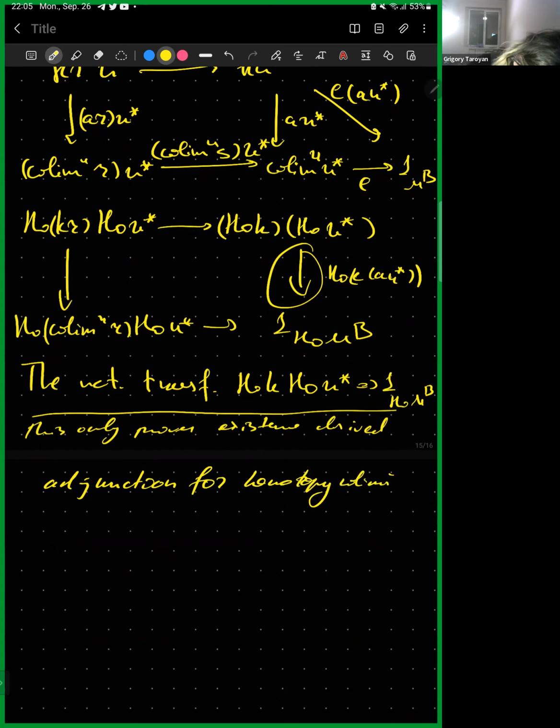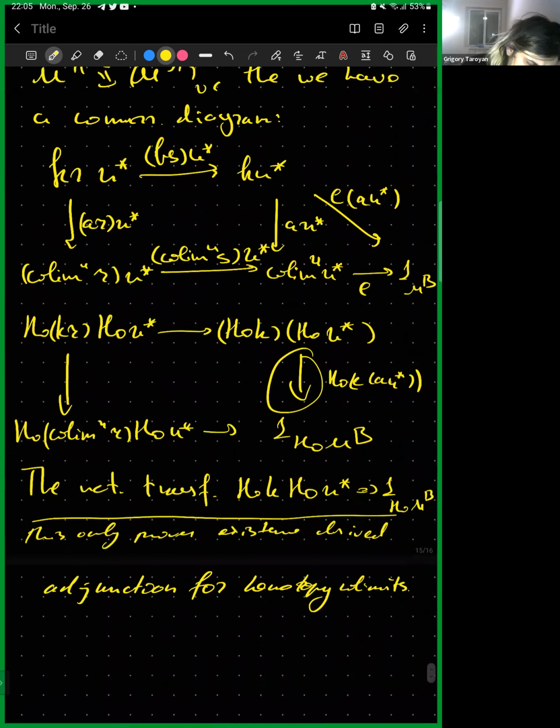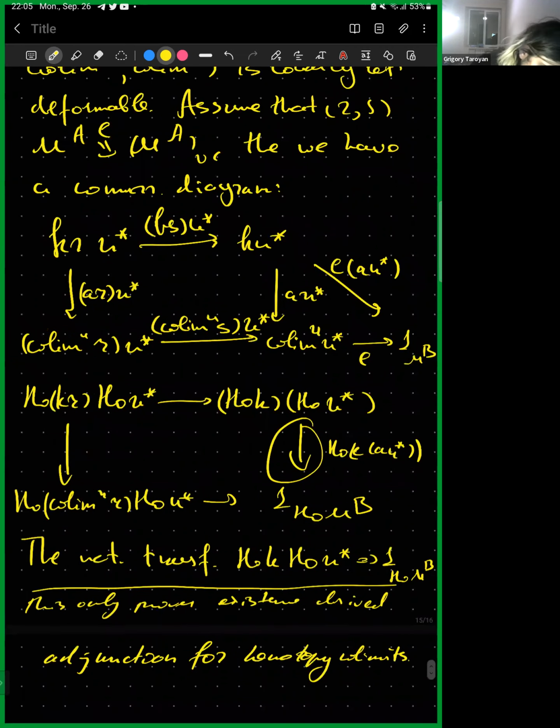This does not prove that we have the desired result about the composition of colimit functors.